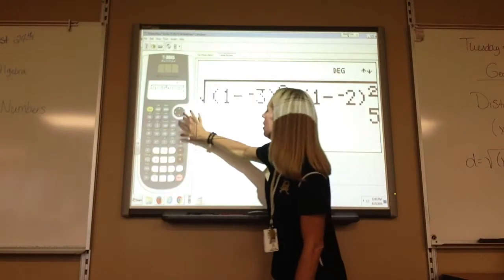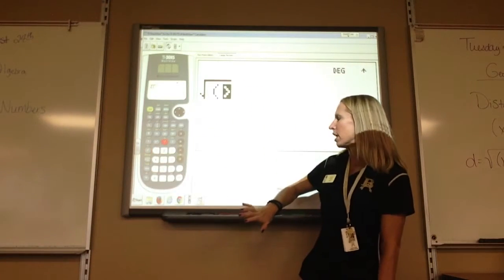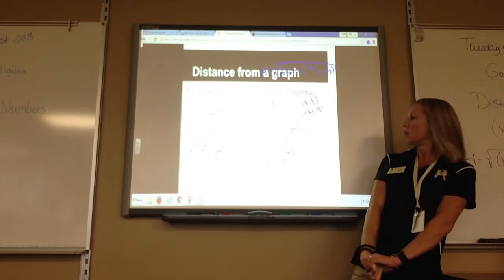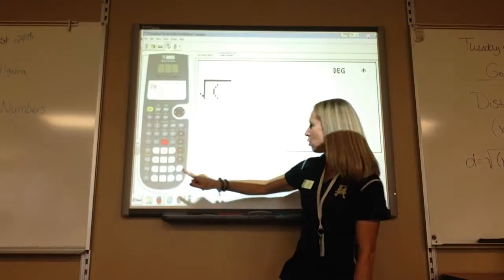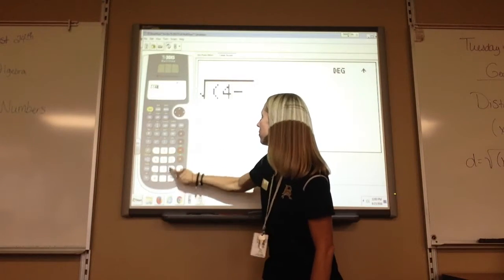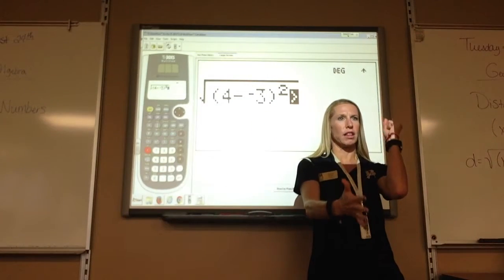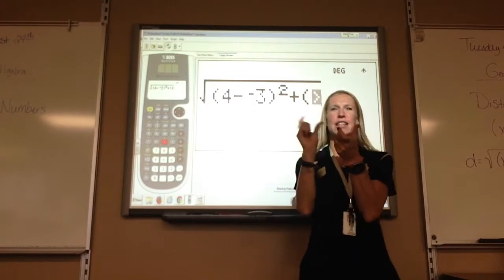Okay, so lime green's second button x squared. Parentheses, what is my x2 minus x1? 4 minus -3, good. Close parentheses, square it, and then don't forget the plus sign. I just don't want you to make a silly little mistake.